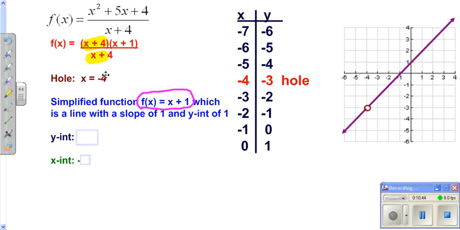But keep in mind, when x is negative 4 right here, it's a hole. Yes, when you take negative 4 and plug it in here, you do get a y value of negative 3. That just tells you where to put that open circle on your line. If you wanted, you could also find your y-intercept and your x-intercepts.